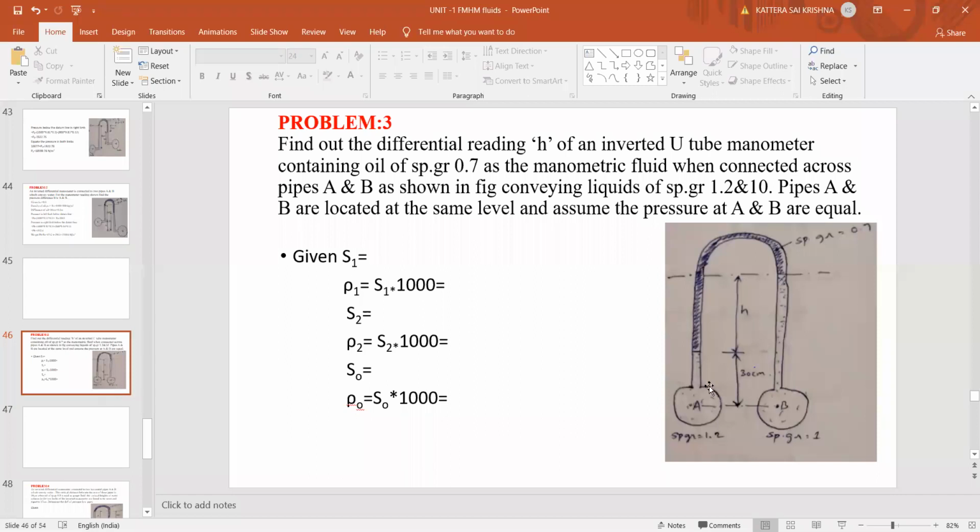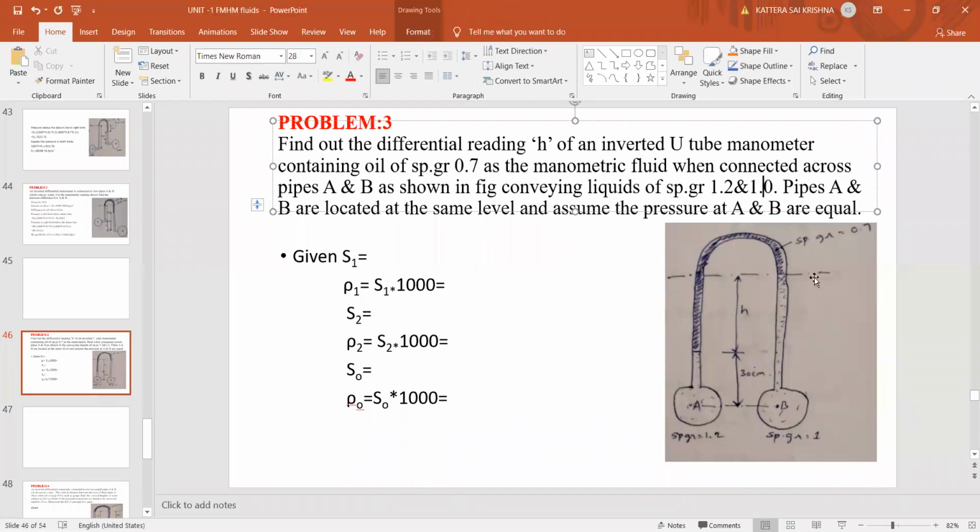So here the two pipes are with two different fluids. Let us assume A has specific gravity 1.2 and B has specific gravity 1, not 10. So 1.2 and 1 are the specific gravities of the fluids.